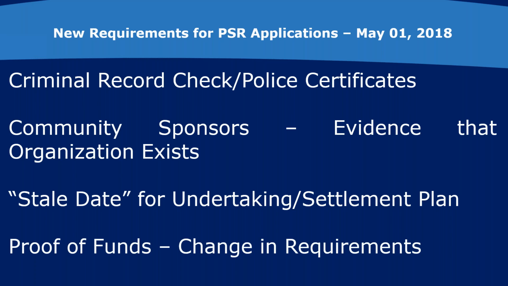The other major change is that there have been changes in the requirements for proof of funds for both groups of 5 and community sponsors, and we'll look into those in a few slides. And also there is a new sponsorship cost table and a new in-kind deduction table that was released on May 1st, 2018. We covered the new cost table and the new in-kind deduction table in the previous webinar in this series.